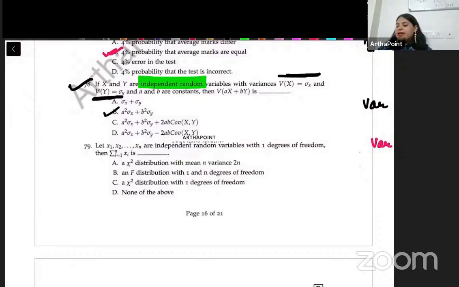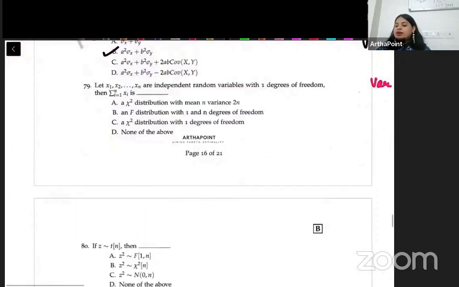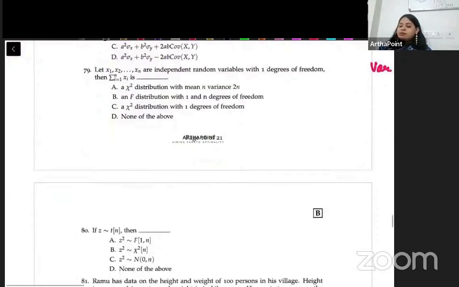Let x1, x2 till xn be independent random variables with 1 degree of freedom. Then summation xi is. Okay. So beta, each xi has 1 degree of freedom, right? So just think about it.